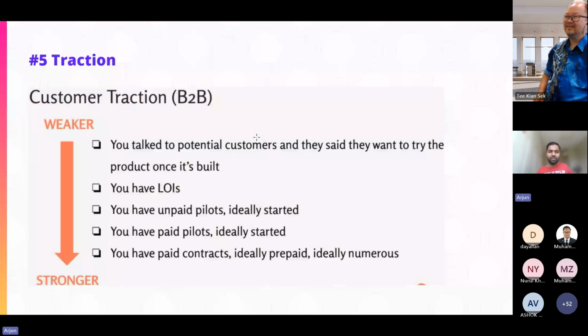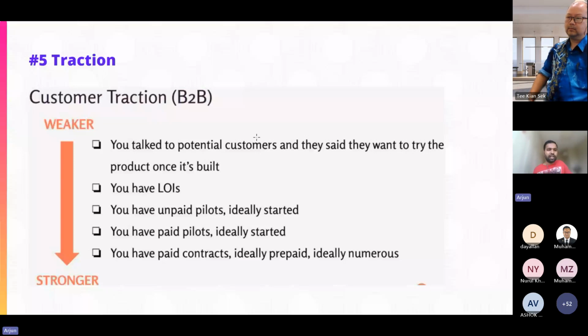So that is a very, very weak form of traction basically. If someone says, come to me after building this product, then it means either they already have some solution with them at this moment, or they think you are too small to speak with, or they think you don't have the credibility to build such a product.